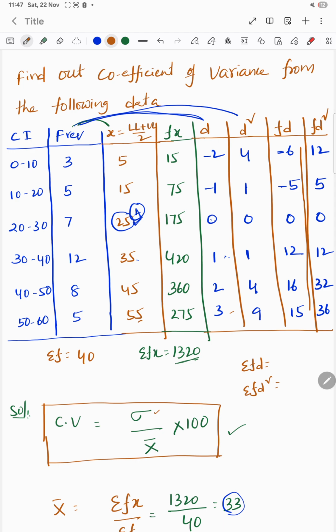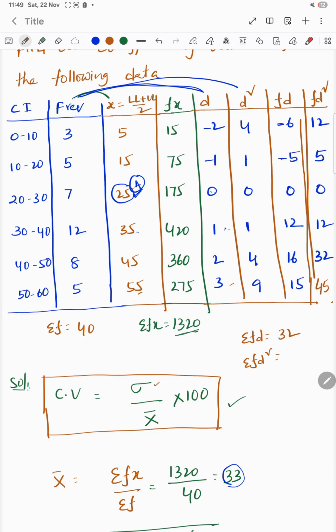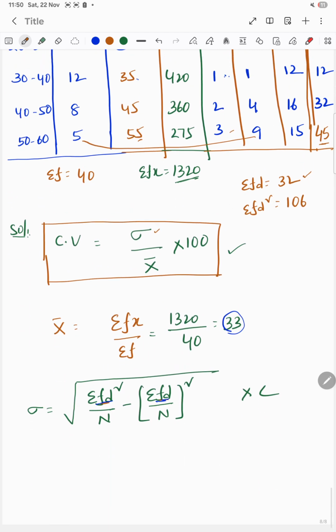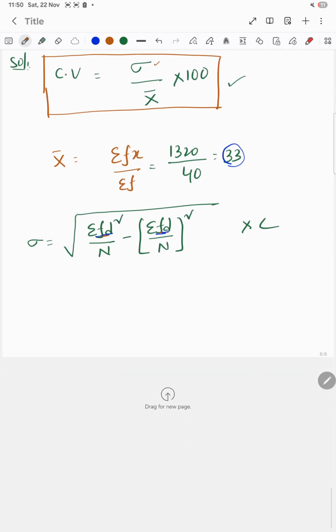Here is a small correction: here f into d square is 5 into 9, that is 45. Therefore, if you add all f into d values, we got 32, and if you add all fd square, we got 106.